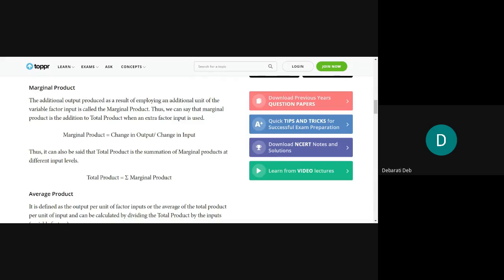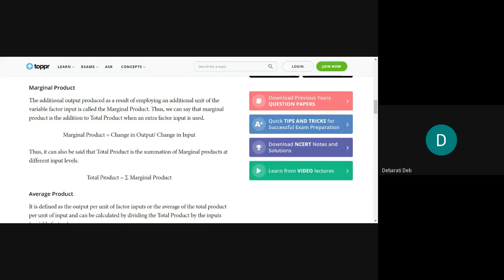Thus, we can say that marginal product is the addition to the total product when an extra factor input is used. Okay, so marginal product can also be explained as an addition to the total product when an extra factor input is used. Understood? Suppose you are using X number of inputs and you're getting an amount of production, say 1000 units.